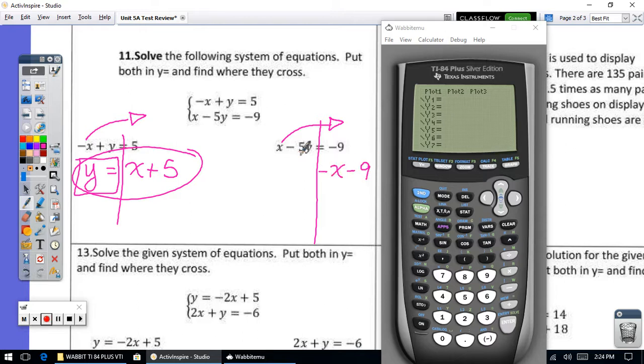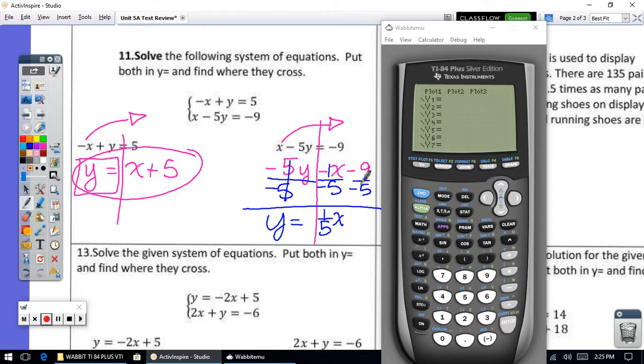Bring down your negative 5y. Your last step is going to be to divide by the coefficient in front of y. Divide by negative 5, divide by negative 5, divide by negative 5. You are left with y equals a negative 1 divided by a negative 5. That's actually positive 1 over 5, x. And a negative 9 divided by negative 5.